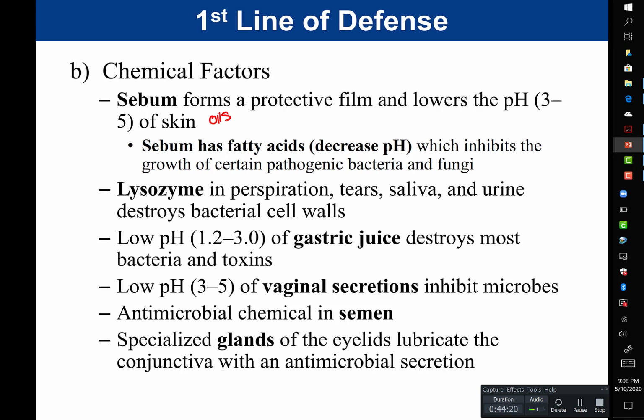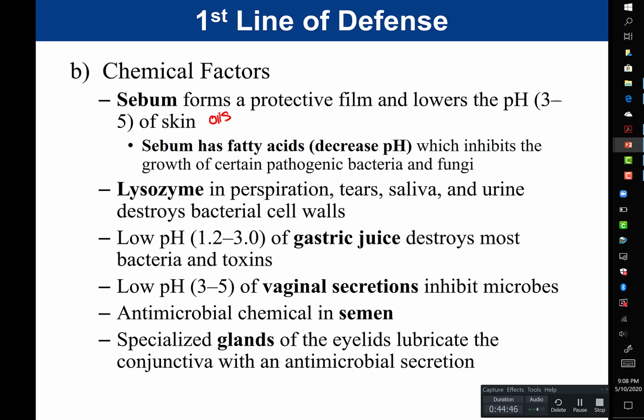We also have what's called lysozyme. Lysozyme is found in perspiration, tears, saliva, and urine. And the way that lysozyme works is that it destroys bacterial cell walls. Specifically, more commonly, against gram-positive because it has an effect on peptidoglycan.